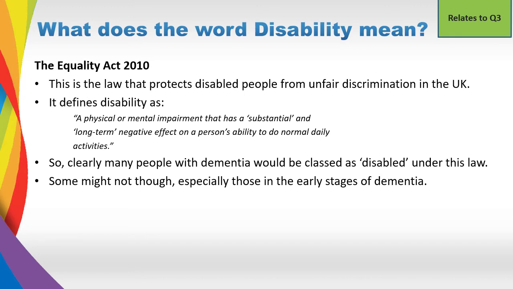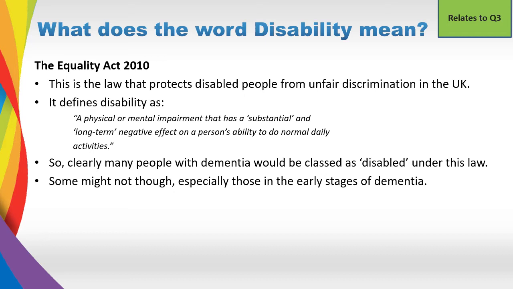So let's look at the Equality Act of 2010. This is the law that protects disabled people from unfair discrimination in the UK. It defines disability as a physical or mental impairment that has a substantial and long-term negative effect on a person's ability to do normal day-to-day activities.